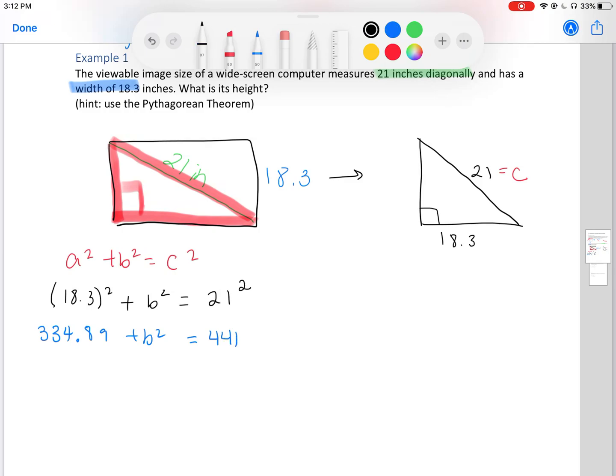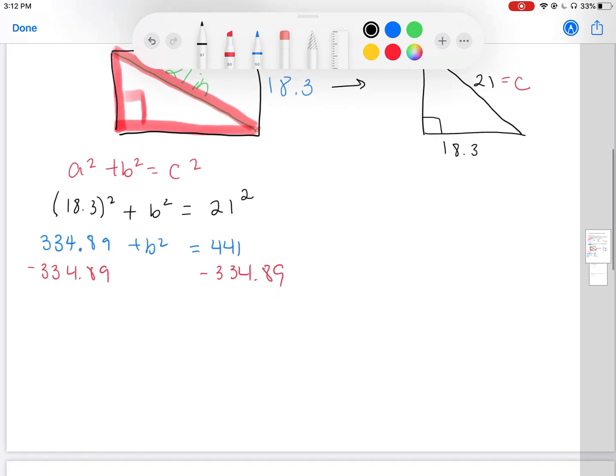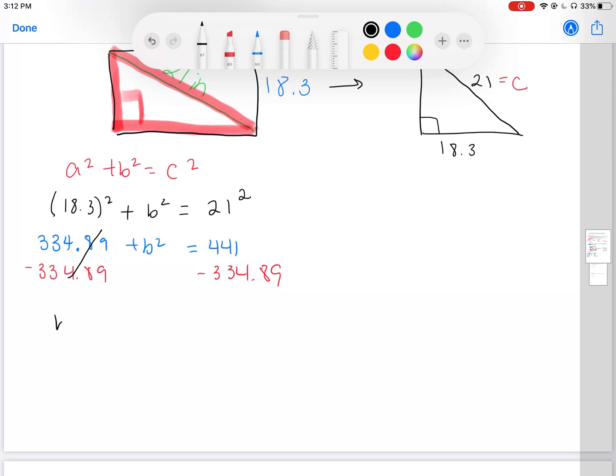Okay, now we're left to solve for b. Let's get b by itself. Let's subtract 334.89 from both sides, so that we're left with b squared is equal to 441 minus 334.89, which is 106.11.